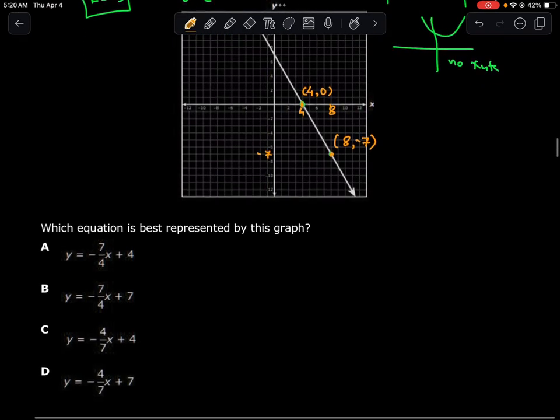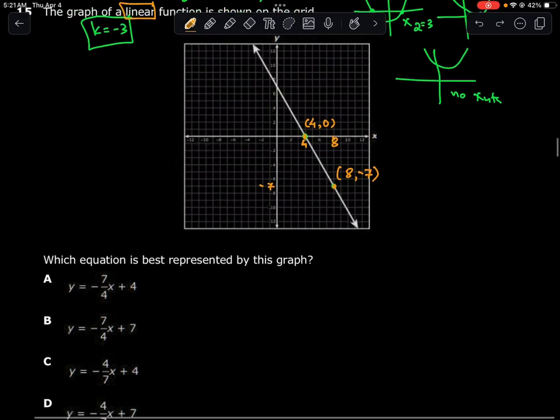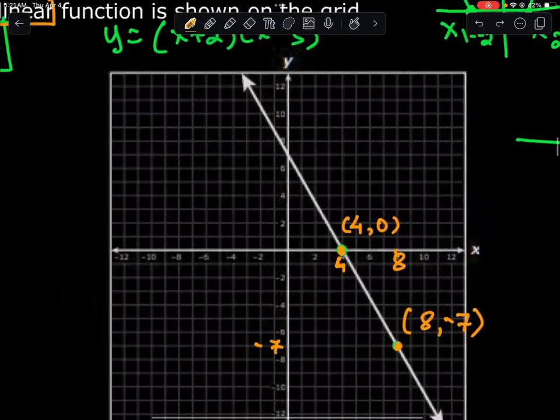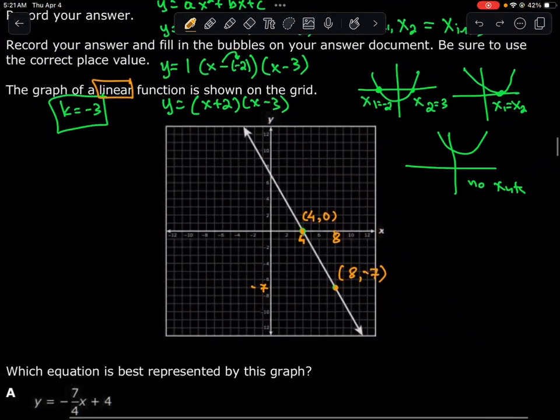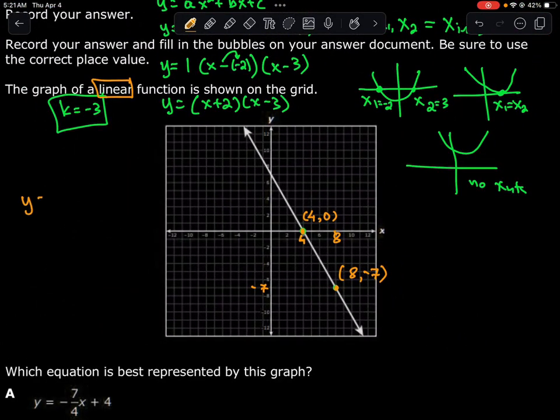Now let's see what the question is. Which equation is best represented by this graph? Sometimes there is a chance that you can eliminate 3 out of 4 without even looking. Let's see if we can eliminate anything. We know for sure that a linear equation is going to be y equals mx plus b.